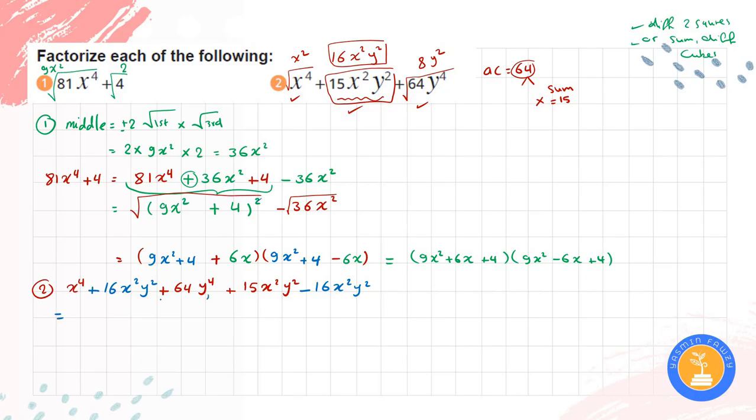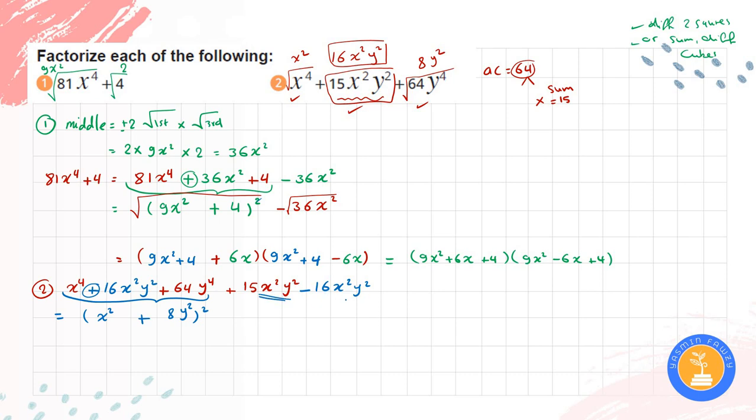Now does this trinomial give me a perfect square or not? Yes, it gives me a perfect square. So the square root of the first is x to the power 2. The square root of the last is 8y to the power 2, and the middle sign will be plus. And here, 15x to the power 2 y to the power 2 minus 16x to the power 2 y to the power 2.